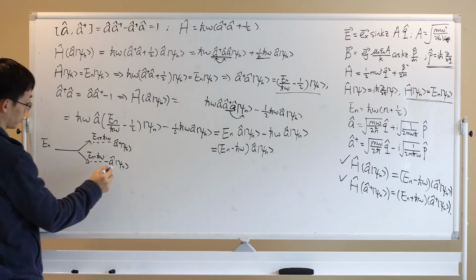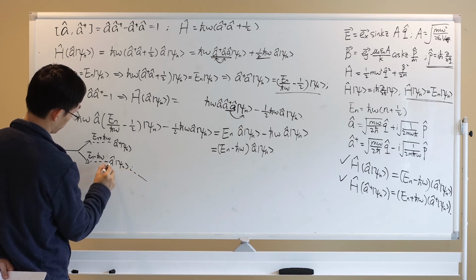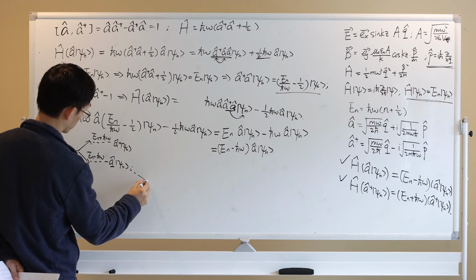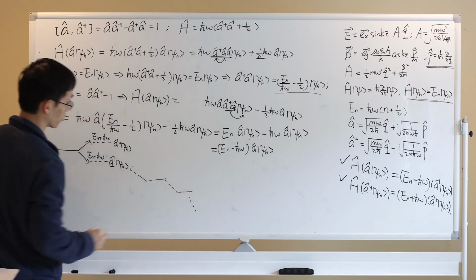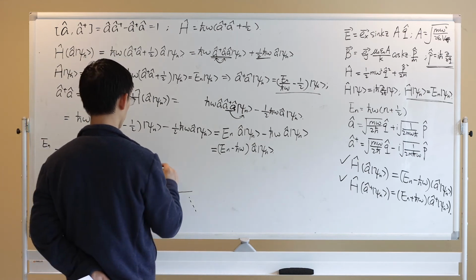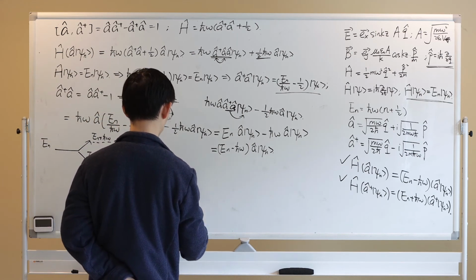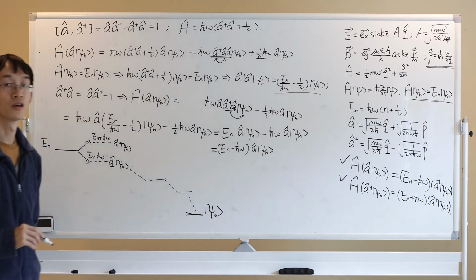And then you can keep doing this, acting another annihilation operator to generate one order lower, and then one order lower, and keep going until you hit the ground state. We call the ground state psi 0, ground state.